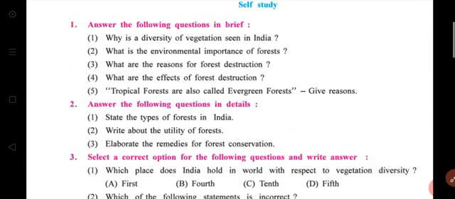Then from the brief questions, write question number 1 and 5, because second, third, and fourth you have done already in homework. So now you need to write first and fifth in brief.